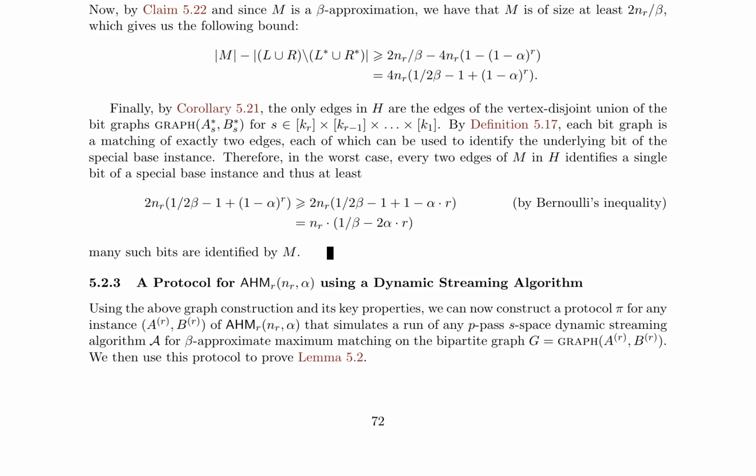Overall, this section of the paper provides a detailed explanation of the graph construction and its key properties, as well as a protocol for solving the AHM problem using a dynamic streaming algorithm.